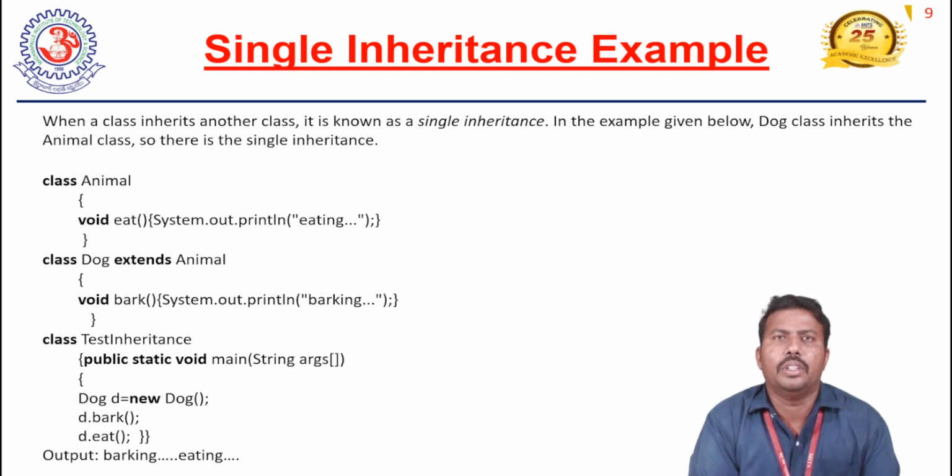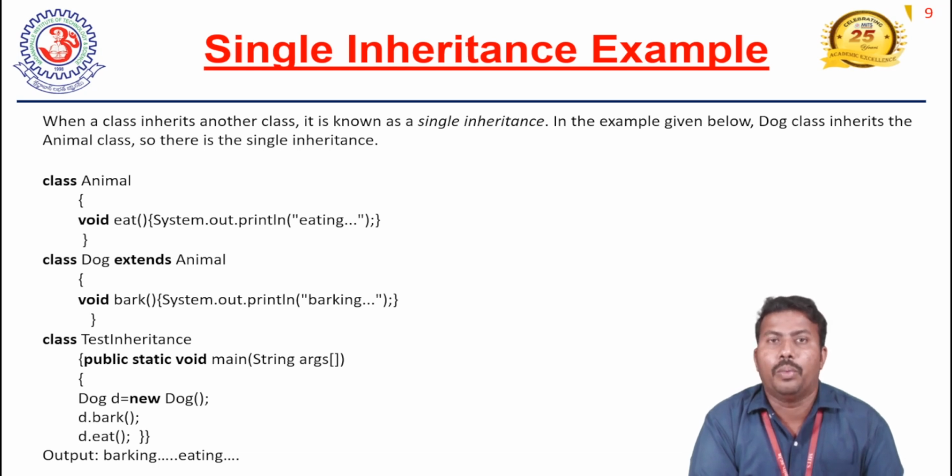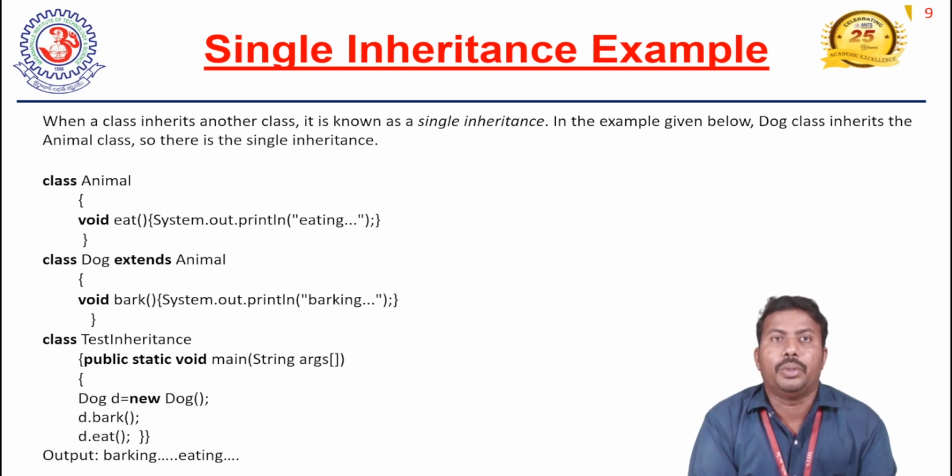Likewise we can move on to multi-level, multiple, hybrid, and hierarchical inheritance. Here, multiple inheritance cannot be supported in Java. Why? Because a single subclass may have two or more superclasses, and then the overriding of methods comes into the picture, creating ambiguity.